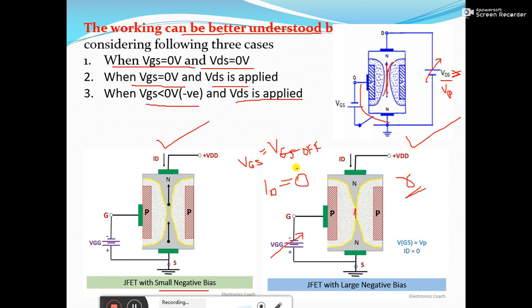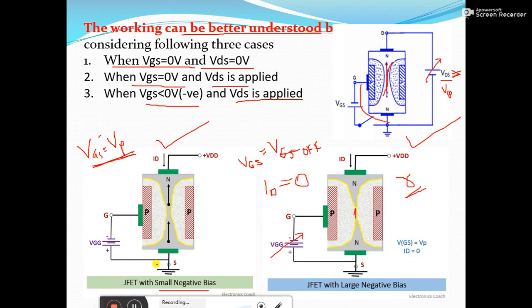Or conversely, you can say VGS(off) and VP, the cutoff voltage and the pinch-off voltage, both will be the same in magnitude, but the polarity may be different. VGS may be equal to VP in magnitude, but the polarity will be different, meaning VGS will be equal to minus VP, because this is a negative voltage.